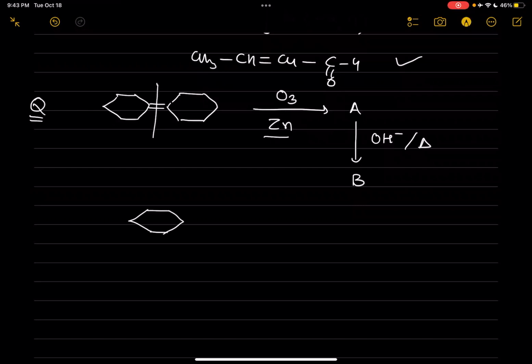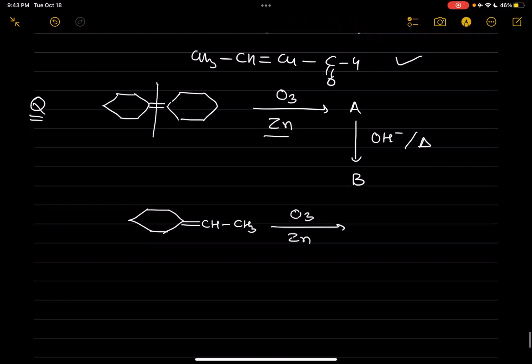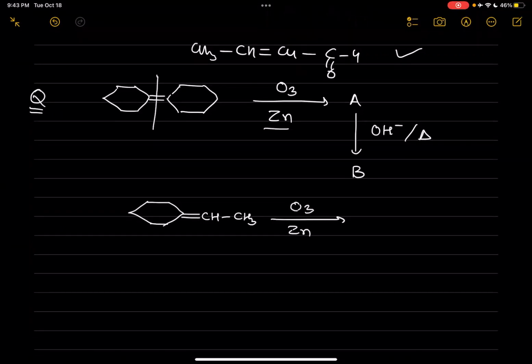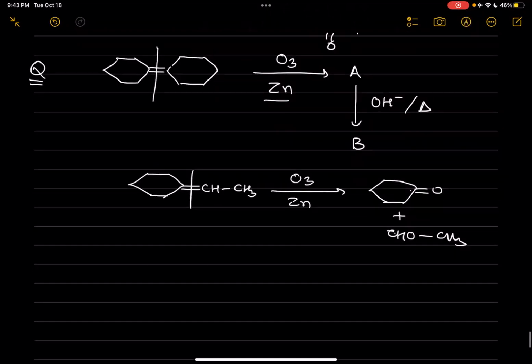For example, if you take O3 with zinc or dimethyl sulfide, this is reductive ozonolysis, and you are going to break only the double bond and put oxygen. Both, this is a ketone and an aldehyde you have. Understood?